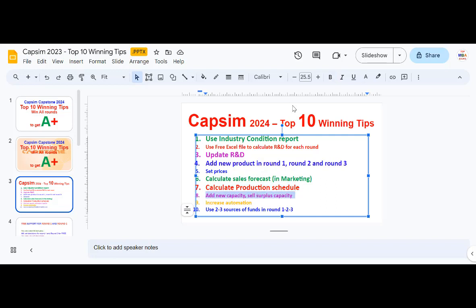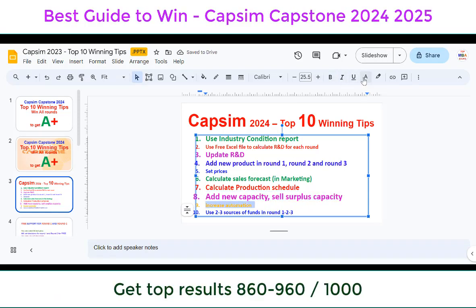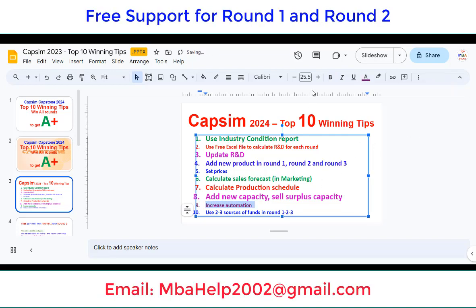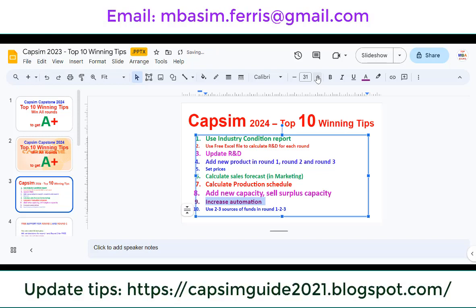Remember to add new capacity for the new product here, and sell surplus capacity and add new capacity for the new product, and increase automation. Increase automation for traditional to 8, low end to 10, and the others to 6 in the next coming rounds.